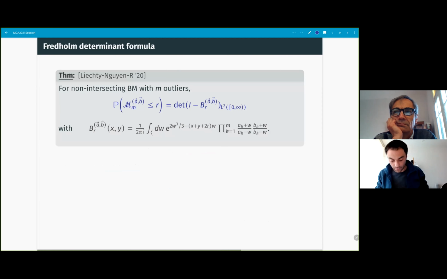This is work from last year with Carl Lichty and Dawn Nguyen, where we could compute this sup. Actually, computing this is not a big deal. And again, you get a Fredholm determinant formula, with the same sort of methods.